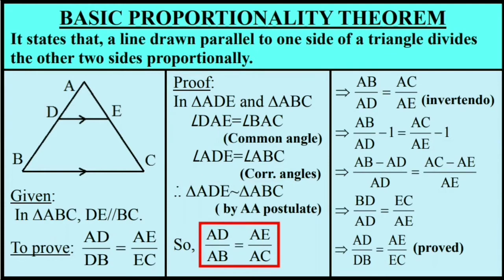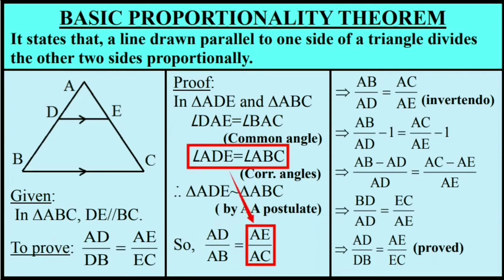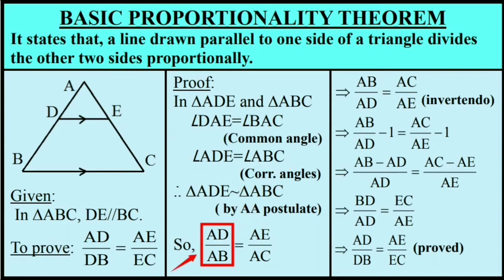So, AD by AB is equal to AE by AC, where the sides ratio AE by AC is determined by angle ADE equal to angle ABC, because in triangle ADE, AE is the opposite side of angle D, and AC is the opposite side of angle B in triangle ABC.